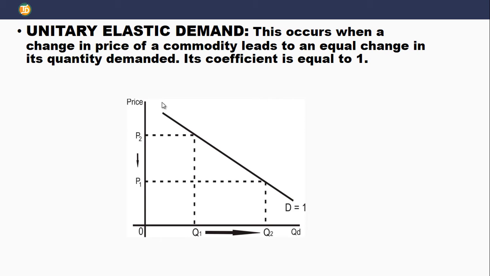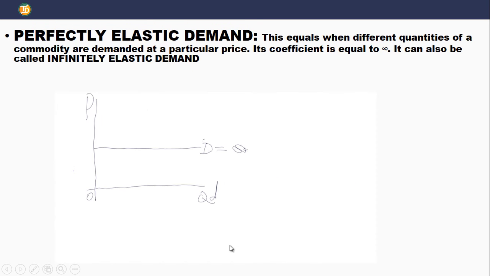So the coefficient of unitary elastic demand will be equal to 1. As you can see on the diagram, price fell from price 2 to price 1. The percentage of falling is also the percentage of increase in quantity demanded, which means the coefficient is equal to 1.